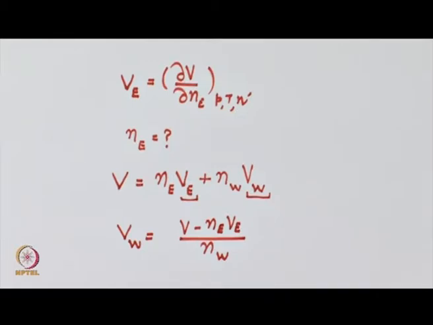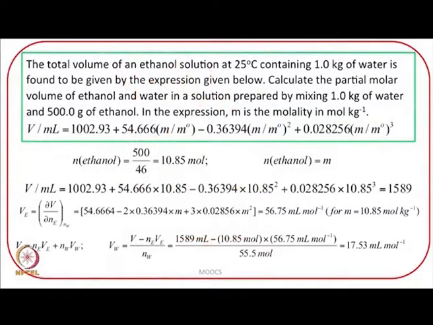And this we have discussed many times, that the number of moles of water in 1 kilogram of water is going to be 1000 divided by 18, which is 55.5. Let us use that information. Let's take a look at the slide.